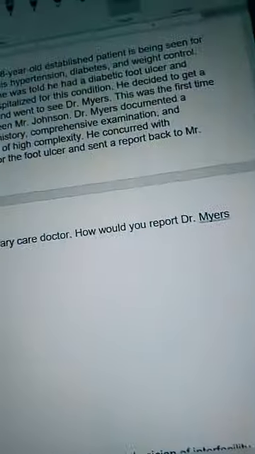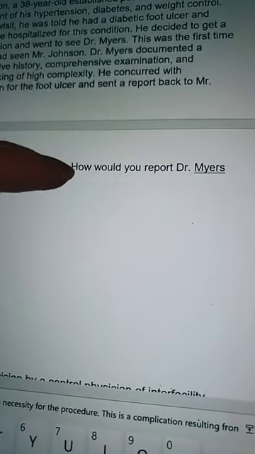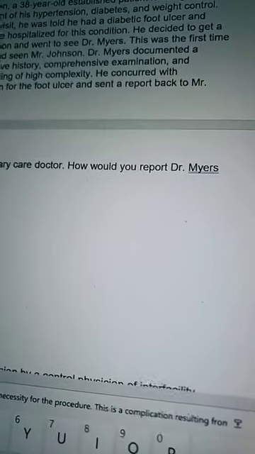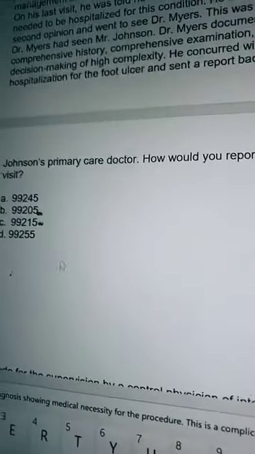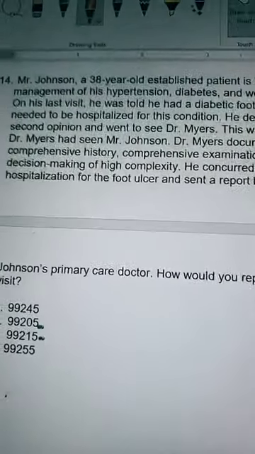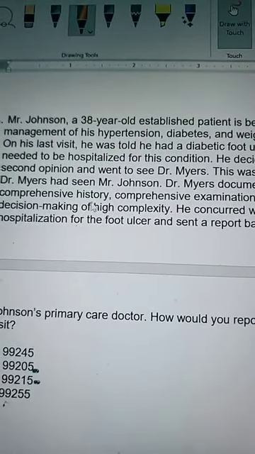So we'll peruse up, make sure the last sentence isn't something like just code this procedure or something. I just want to make sure we are coding a visit. Yep. And we're only looking for Myers, so don't look at any other doctor. Yeah, let's see.